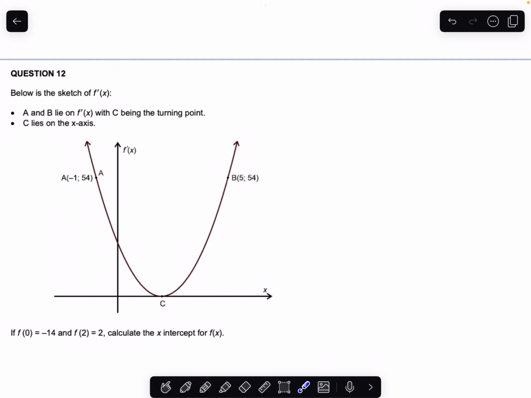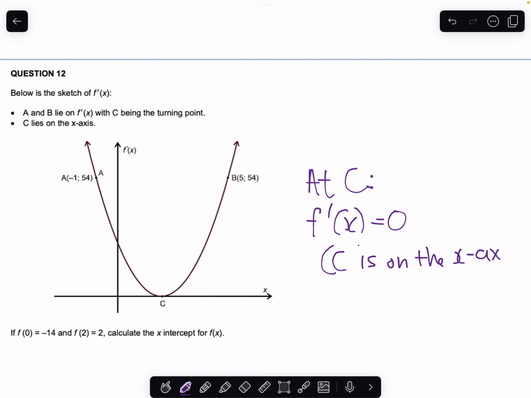Right, C lies on the x-axis, and we've spoken about the implications of that, but let me just write them out. So at C, we know that f prime x is equal to 0, because C is on the x-axis, right? Its y coordinate is 0, or in other words, this function produces the value 0 at whatever the x coordinate of C is.